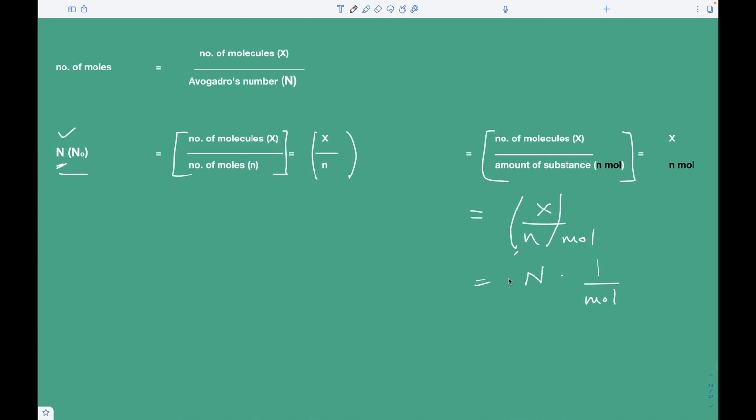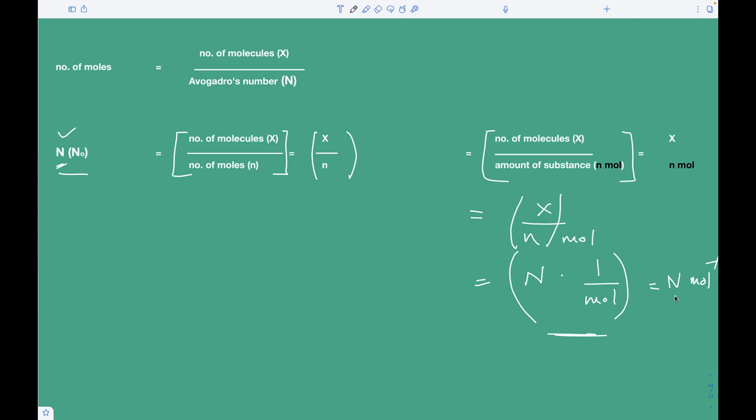Now you cannot call this term Avogadro's number because Avogadro's number is dimensionless. But look at this term. This has the unit 1 over mole, also written as mole to the power of -1, read as per mole.